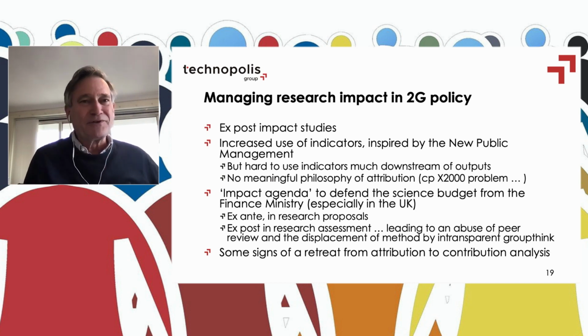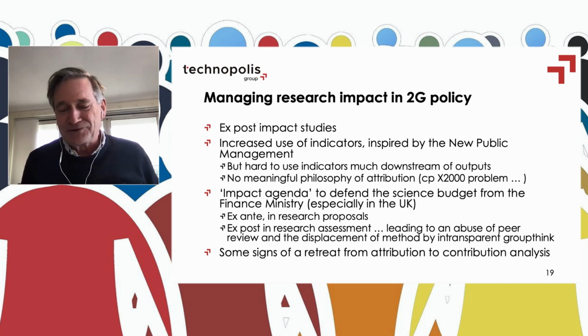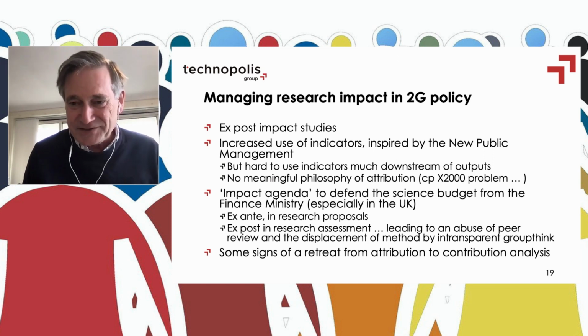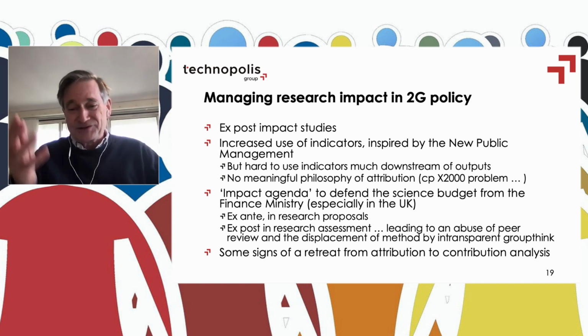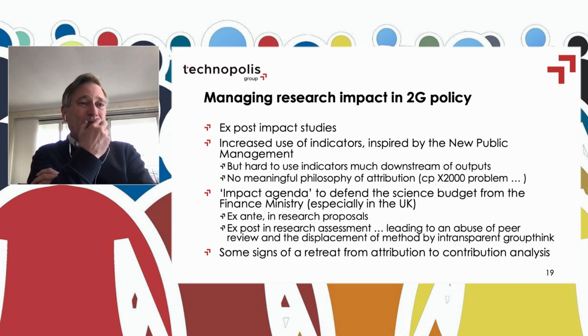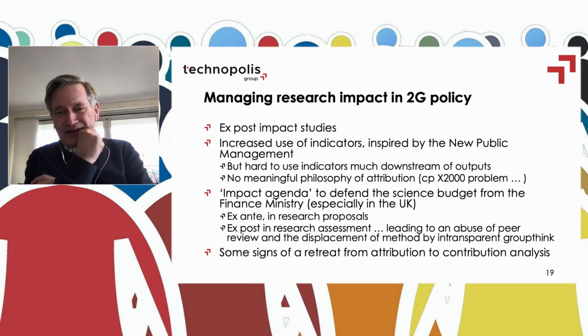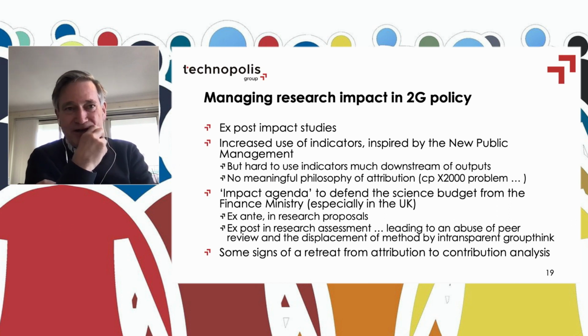So I call it the X2000 problem, because I talk a lot in Sweden, and Sweden has its own leaning train, the X2000. And if I've traveled on the X2000 from Gothenburg to Stockholm, I then ask the question, well, did I get there because ASEA built the train, SJ, the railway company, built the track and the stations and supplied the railway driver, Vattenfall produced the power, and so on.